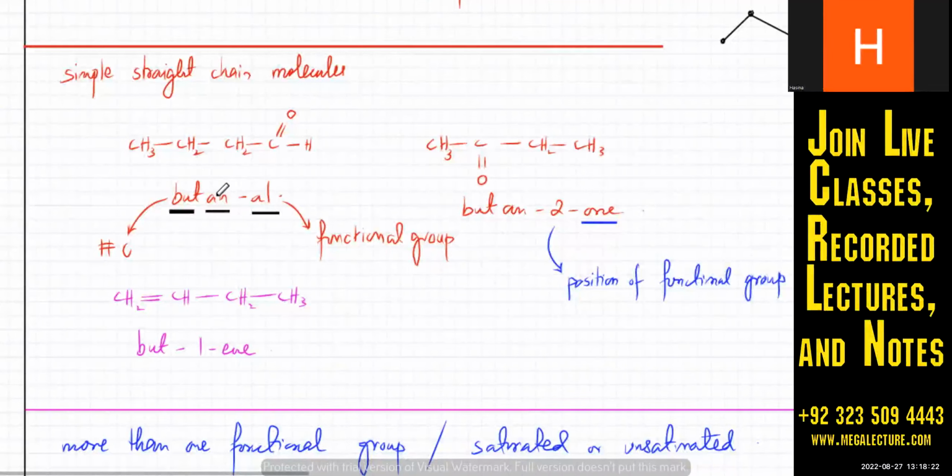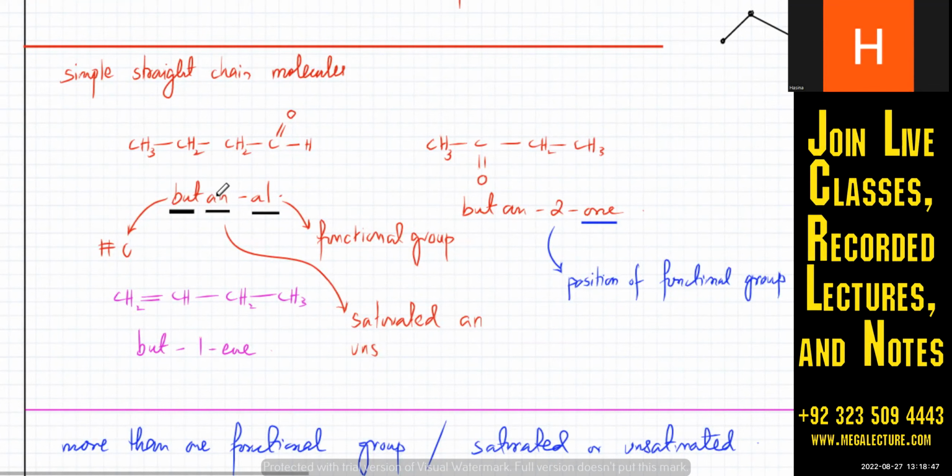It could be AN or it could be EN. The middle part tells you if it's got any double bonds. It tells you whether it's saturated. Saturated means that all the carbon-carbon bonds are single bonds, like an alkane. So it's going to be AN. Unsaturated would mean that it would be EN.